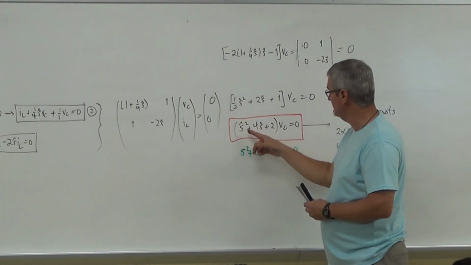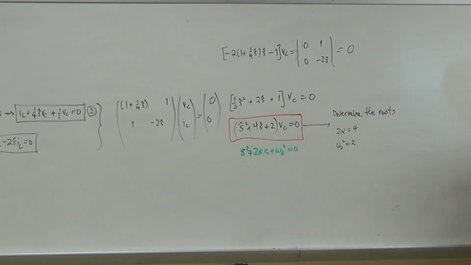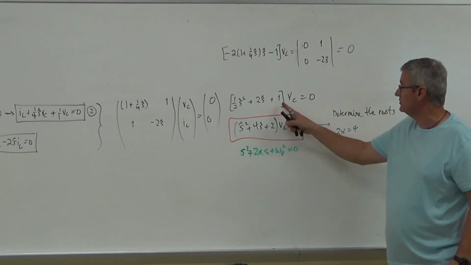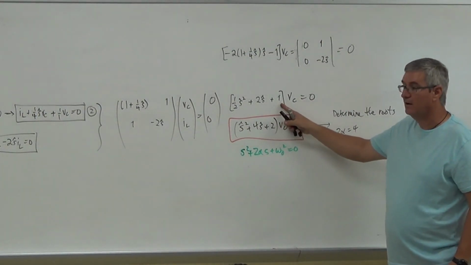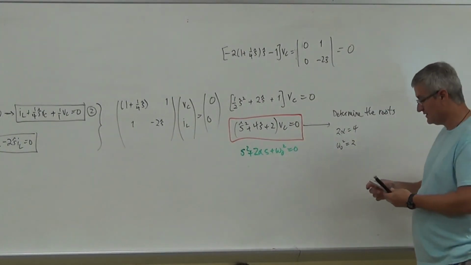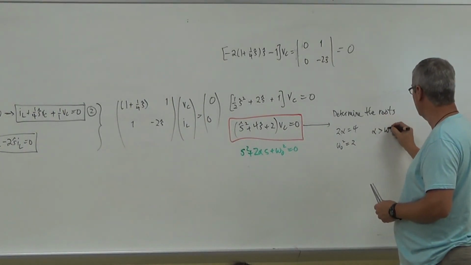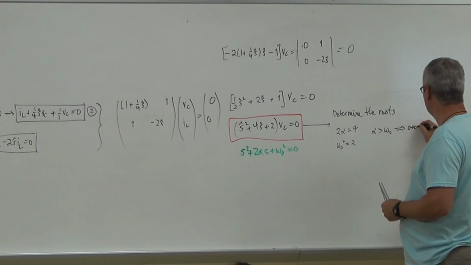But yet, I'm getting this relationship right here. I wanted to do a critical, and I'm showing that I don't have critical. Well, maybe we could pretend for a little bit. Where did I mess up? It keeps telling me that I get a 2 here. So I think that's not what I wanted. If I look at this guy here, you can see that in this case, alpha is greater than omega naught, which means that it's overdamped.